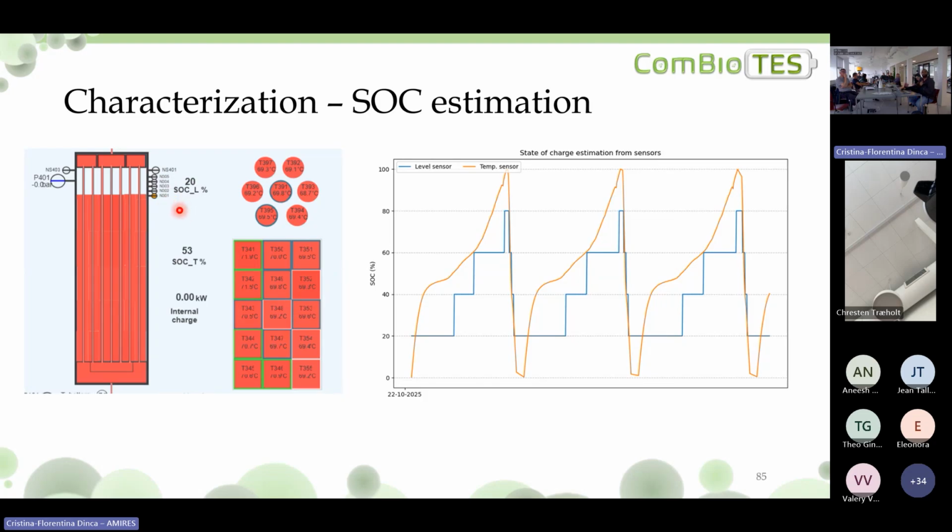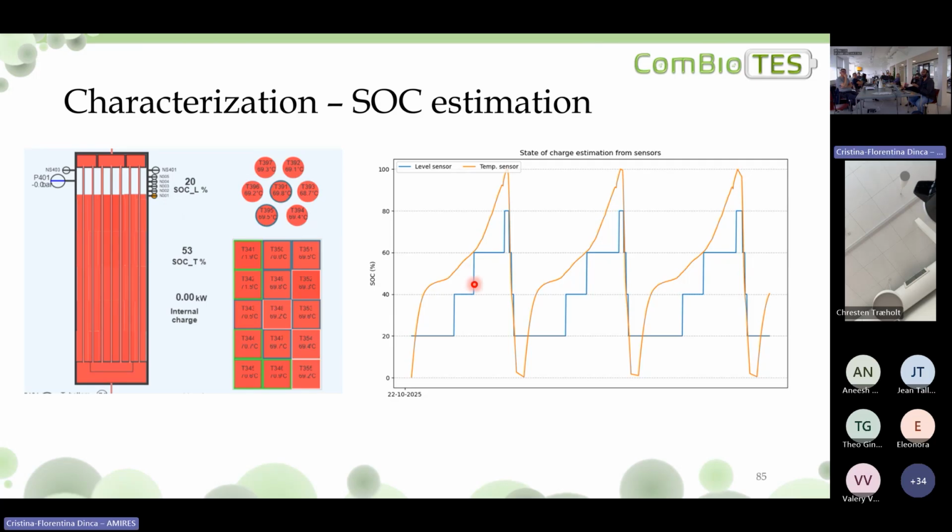And then from it, we are able to estimate the state of charge using the liquid level. Of course, because there are only 5 liquid level sensors, we are able to estimate the state of charge only in steps of 20%.